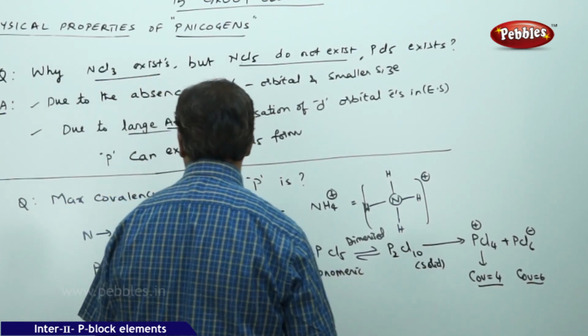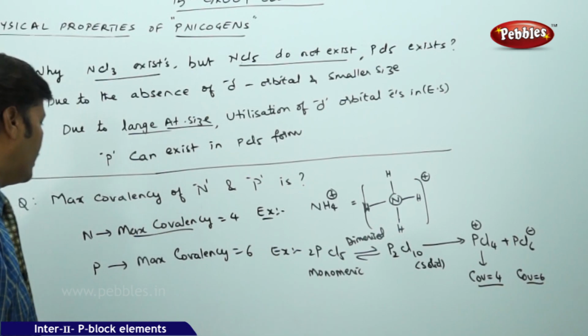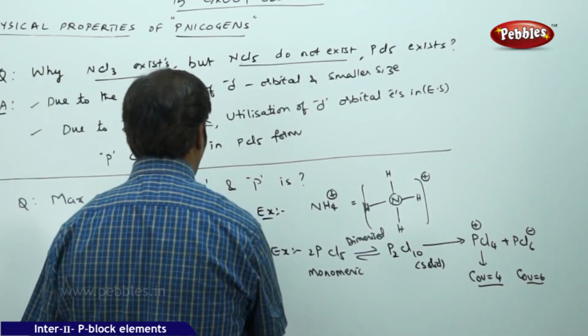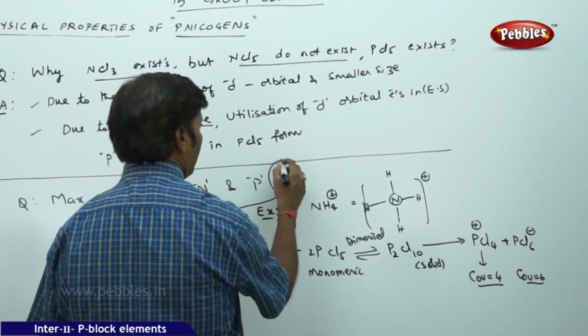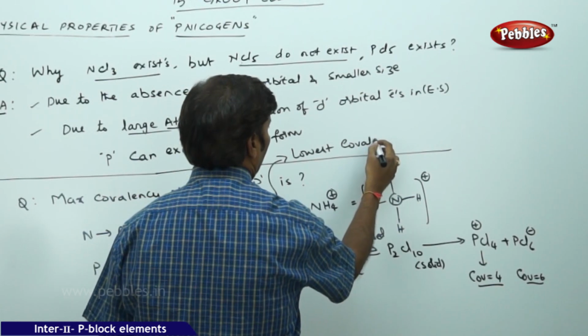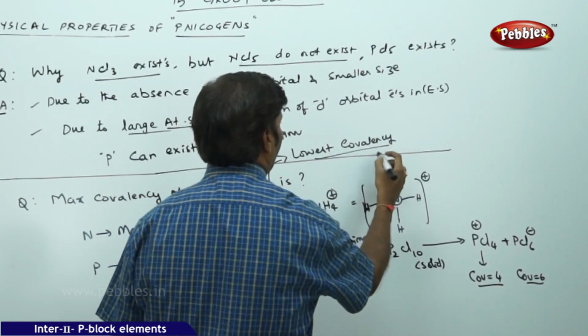So in this way you can understand. What is happening here is that the maximum covalency of nitrogen is only up to 4. The lowest covalency in nitrogen is because of 2 reasons.